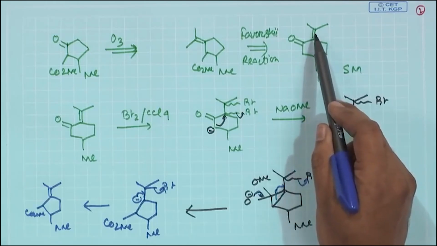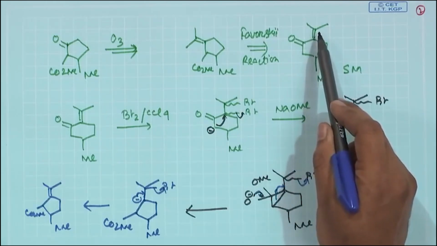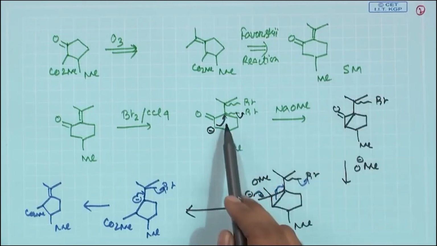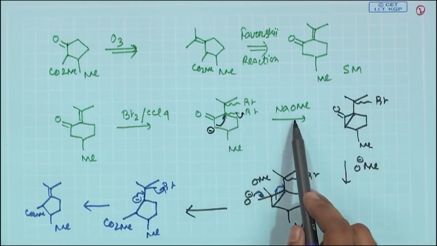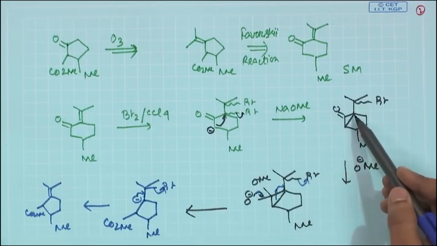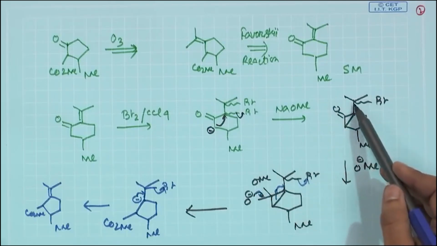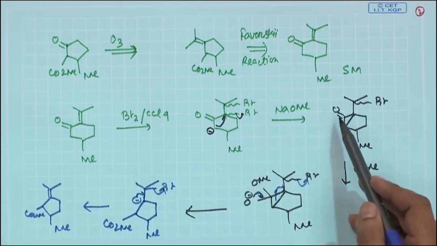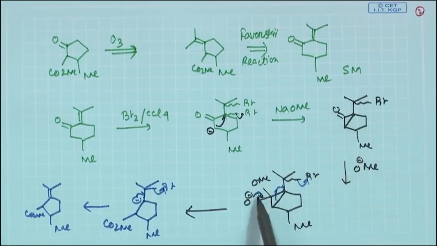So, it's a nice demonstration of the Favorsky reaction, where the initial starting material has an isolated double bond, and this isolated double bond you first brominate to make a dibromo species. Once this dibromination takes place, you then start with the Favorsky reaction. The Favorsky reaction gives you an initial cyclopropanone intermediate with this bromine remaining here. Now, this methoxide attacks the cyclopropanone and you get this compound.